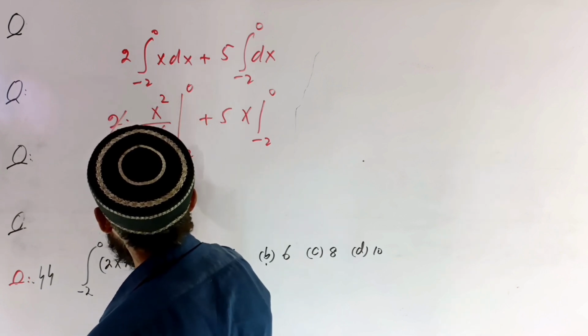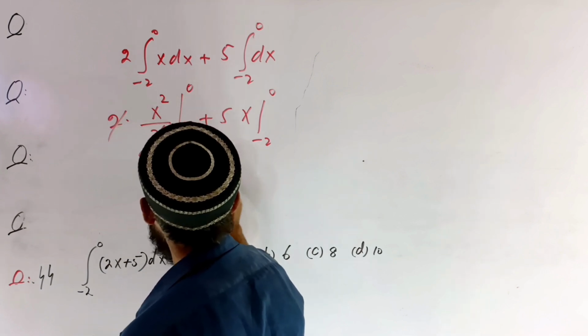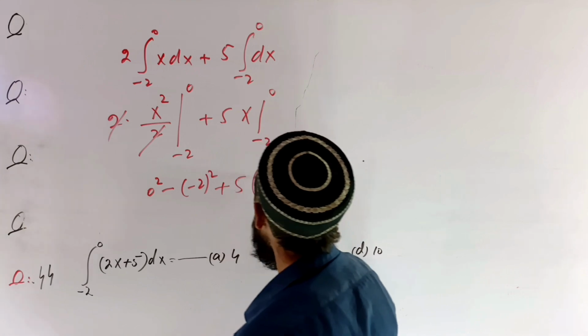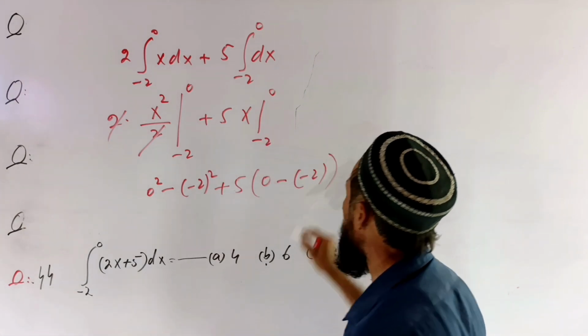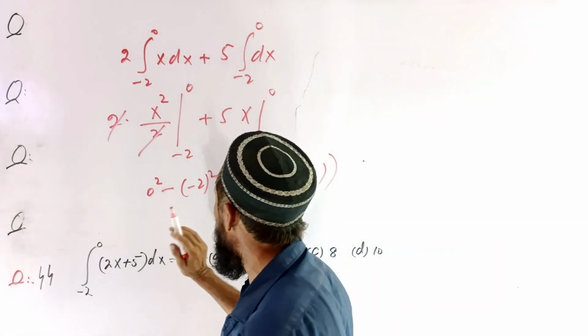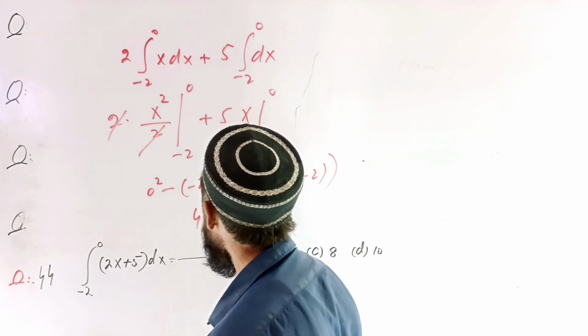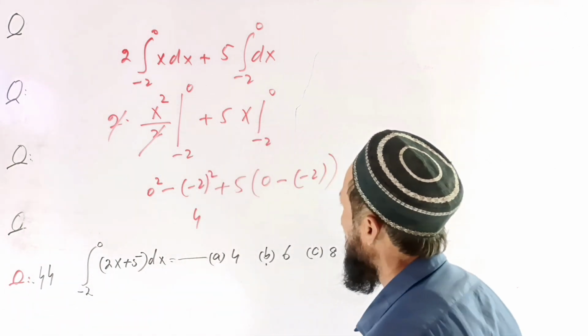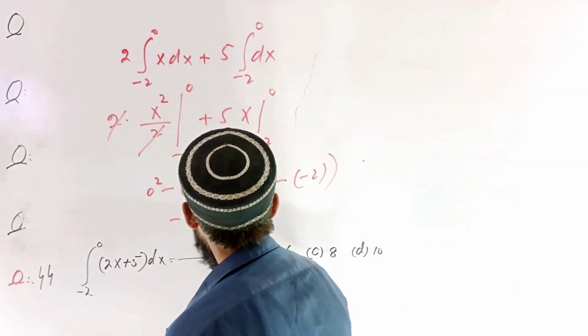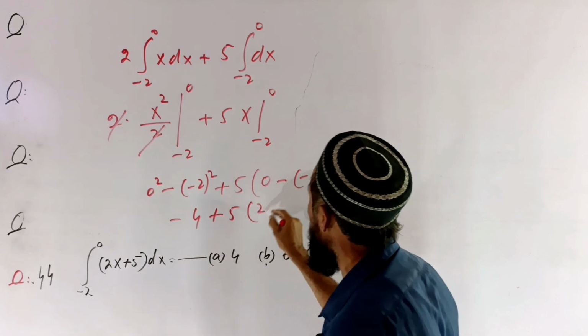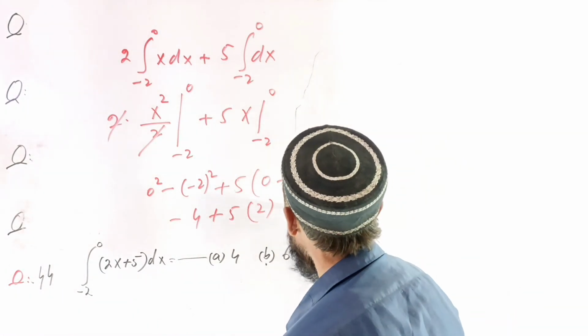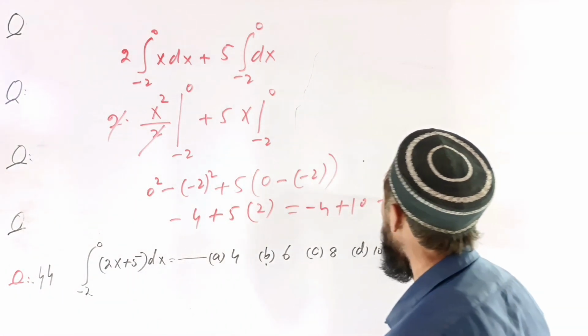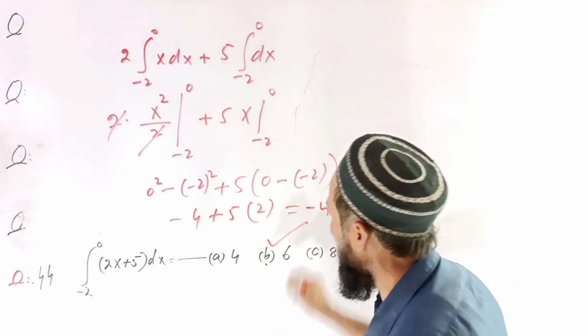First we put 0 square minus minus 2 square plus 5 times 0 minus minus 2. So 0 will be 0. So 4 minus 4 plus 5 and here plus 2. So 10 minus 4 plus 10 is equal to 6. 6 is the correct answer.